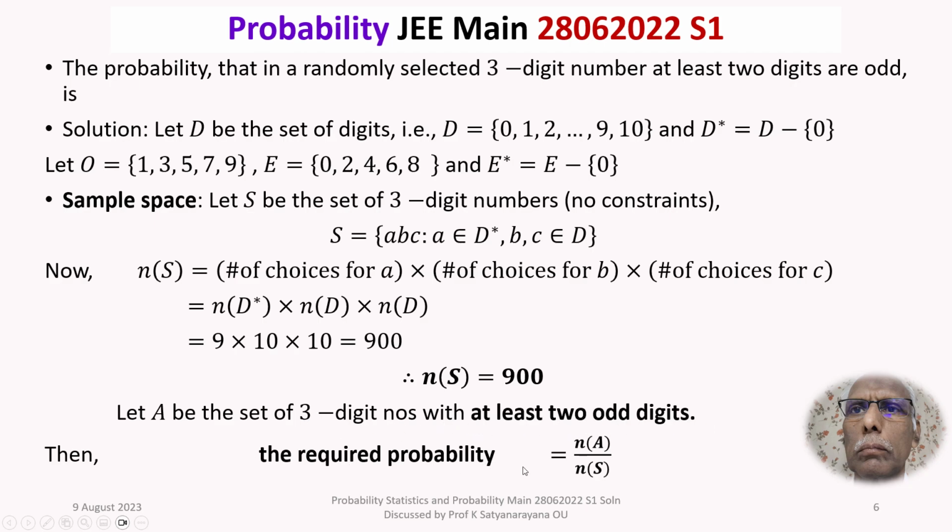Then the required probability is n(A) by n(S). Agreed. Now, what is n(A)? That we will see in the next slide.